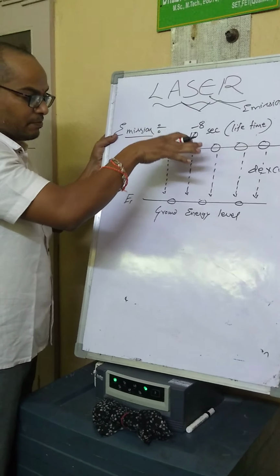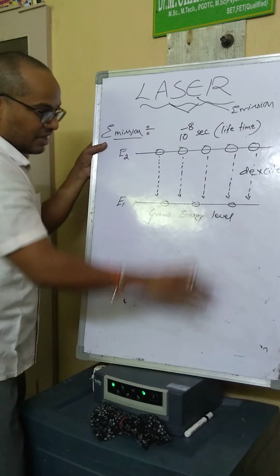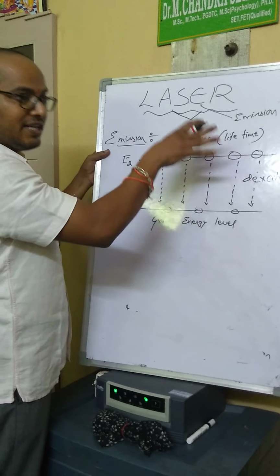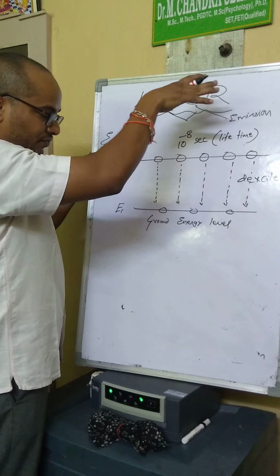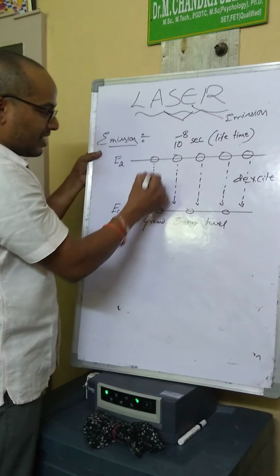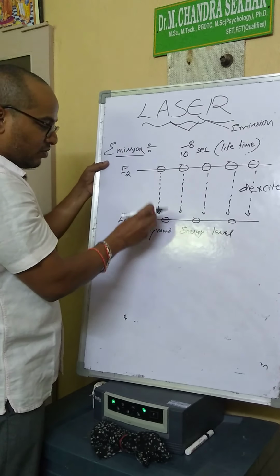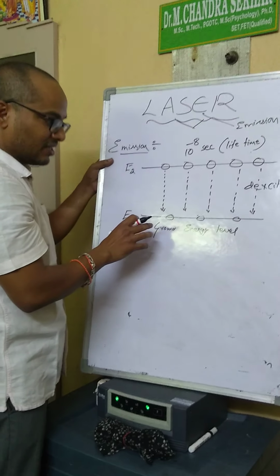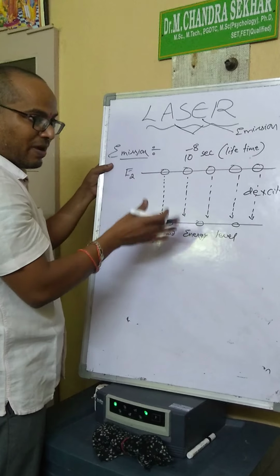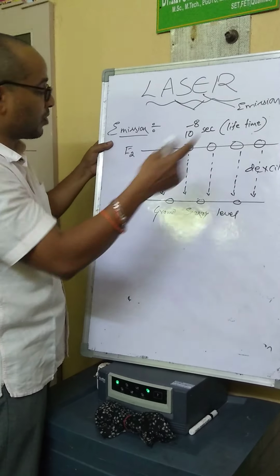When de-exciting from a higher energy level to the ground energy level, any atom or molecule or electron has to lose energy, because at the higher energy level they have extra energy, and at the ground energy level they have the lowest energy. So obviously and automatically they have to lose the extra energy which we had supplied in the previous process of absorption.